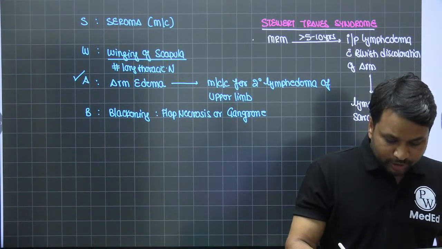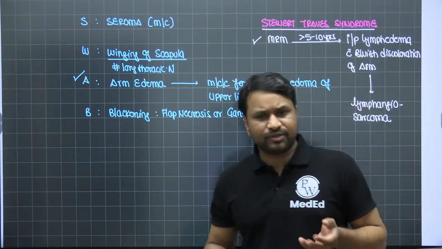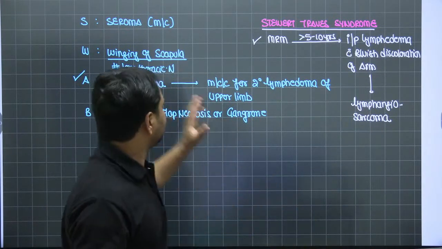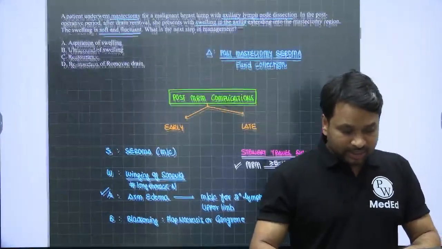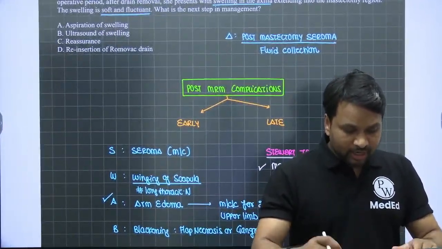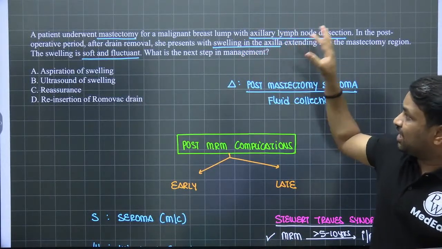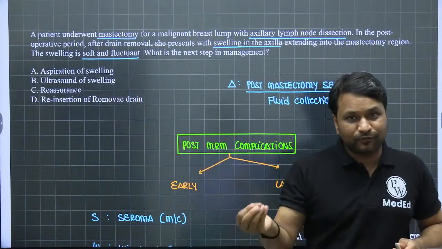So this is going to be Stewart-Treves syndrome. We already discussed it. The management of Stewart-Treves syndrome is forequarter amputation. Again, it is associated with a very poor prognosis. Seroma is the overall most common immediate post-operative complication. So here they've asked you the same context. Now look at the question. Post-mastectomy, swelling in the axilla that extends into your mastectomy site, soft and fluctuant, a fluid-filled cavity.